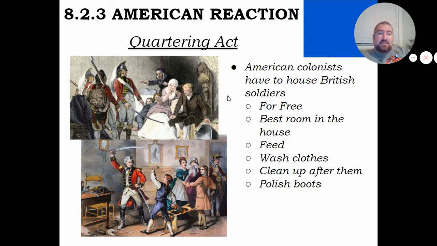But the other thing is, what else uses running water in your house? The kitchen sink, the bathroom sink, the bathtub, the toilet. They didn't have toilets back then. They had something called a chamber pot. It was basically a bucket.